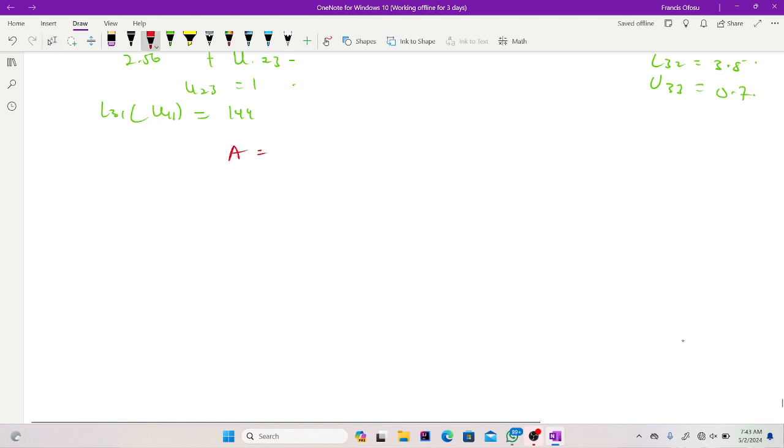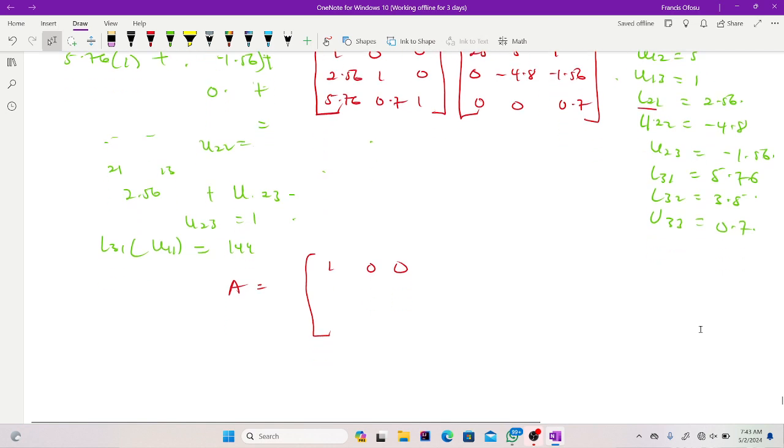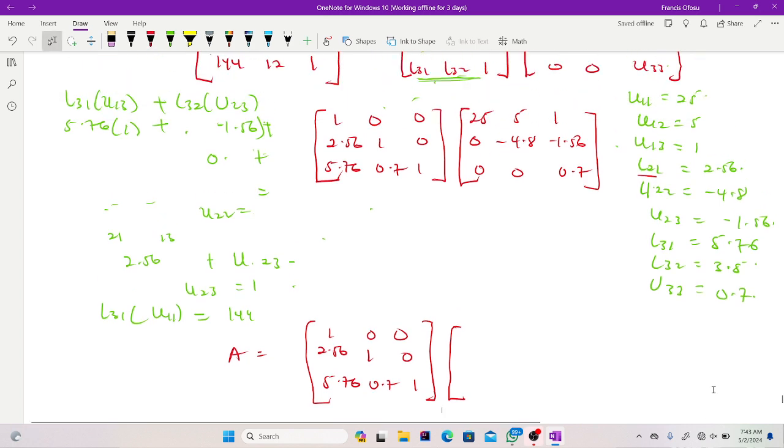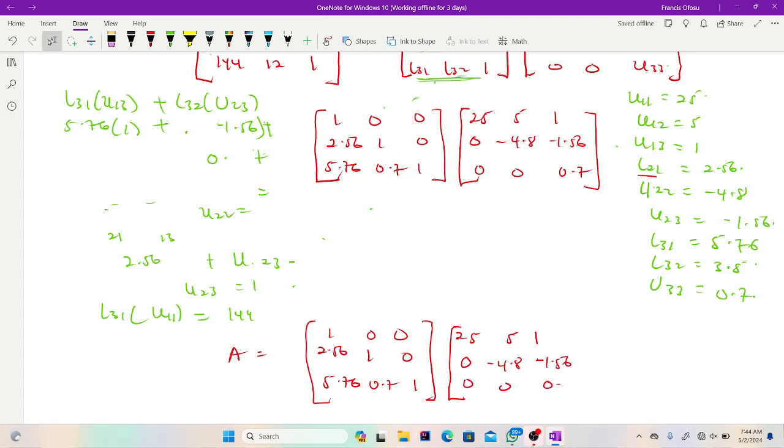So now my A is equal to 1, 0, 0, then 2.56, 1, 0, then 5.76, 3.5, then 1, multiplying 25, 5, then 1, 0, negative 4.8, negative 1.56, then 0, 0, 0.7.